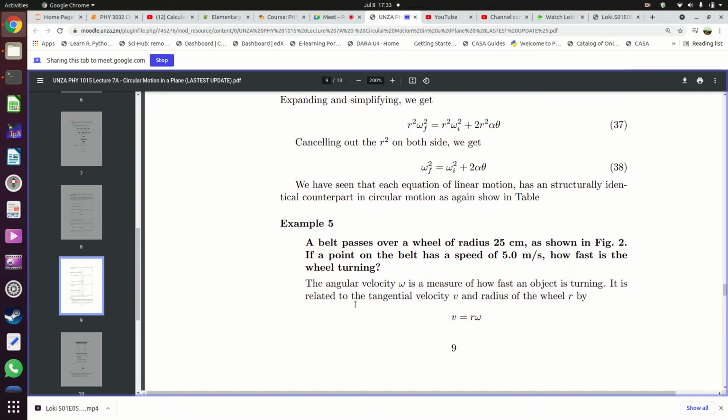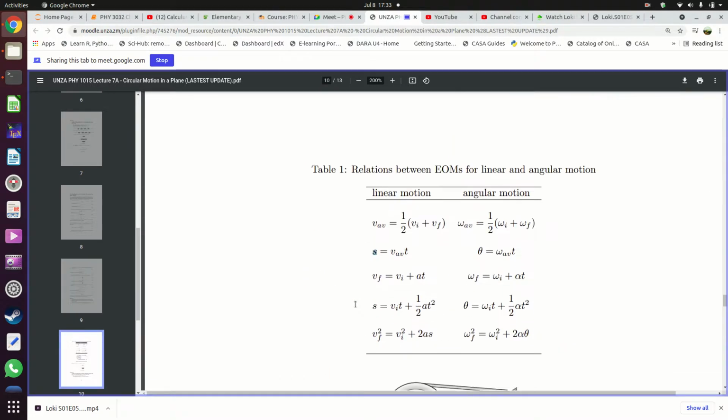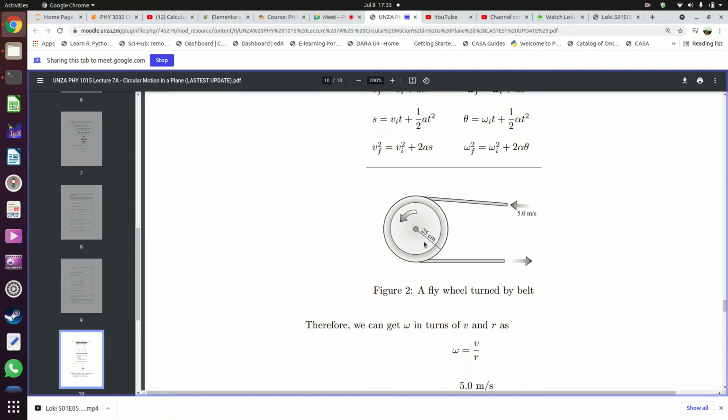Of course, so what we have is a wheel like this, and of course the belt is going around like that. So if a point on this belt is moving with a speed of 5 meters per second and the radius of the wheel is 25 centimeters, then how fast is the wheel rotating?